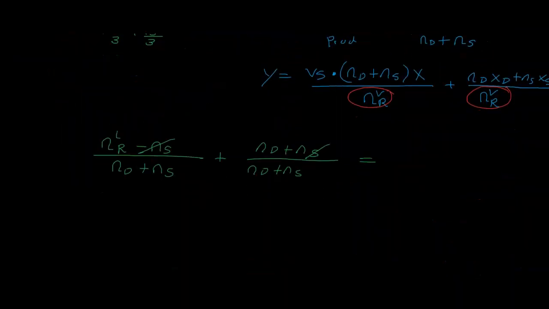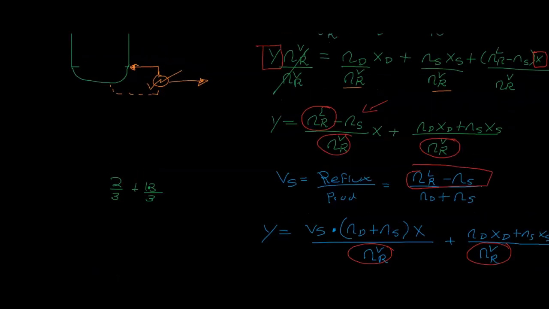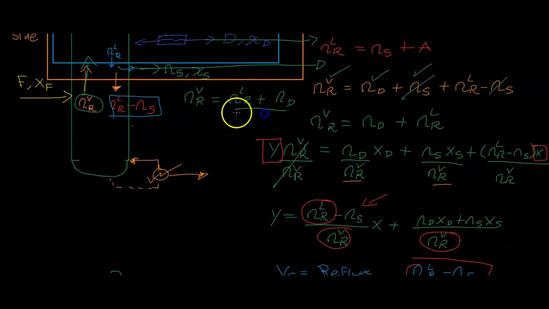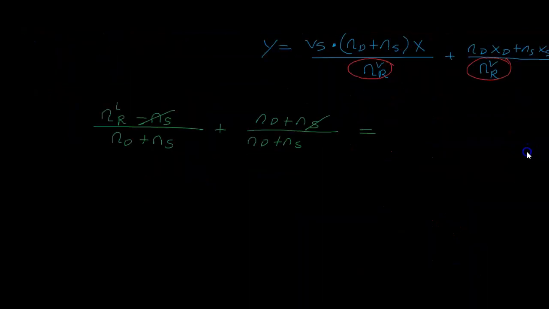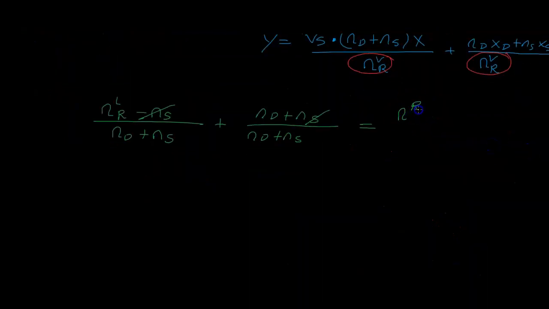We have NRL plus ND, and this is equal to NRV, the rectification vapors, ND plus NS.